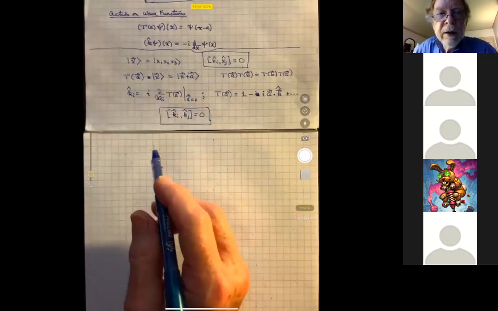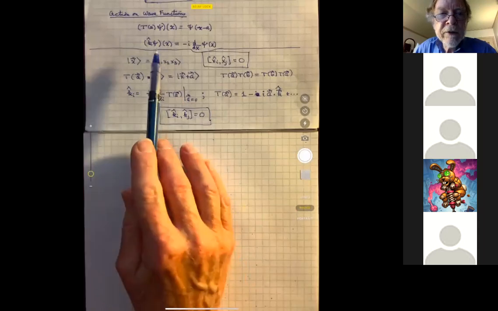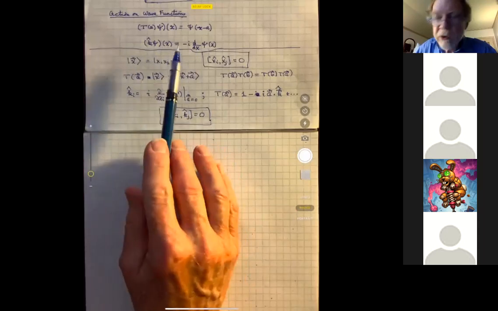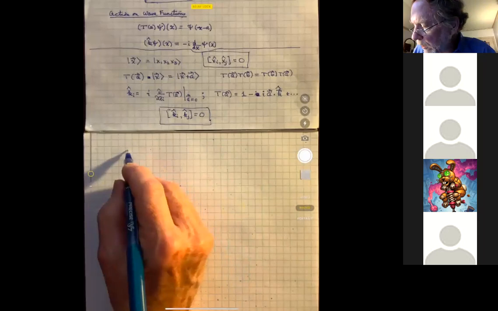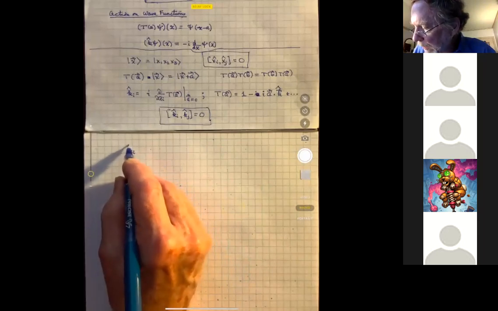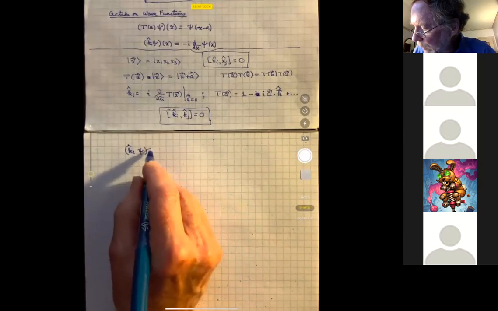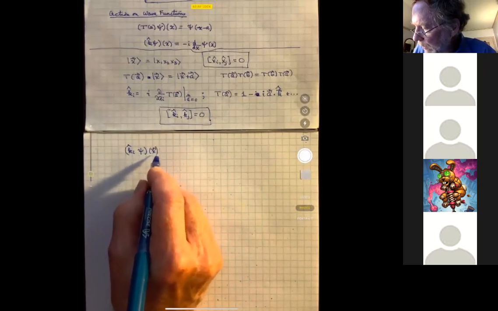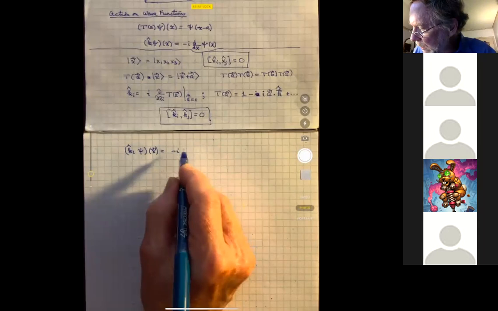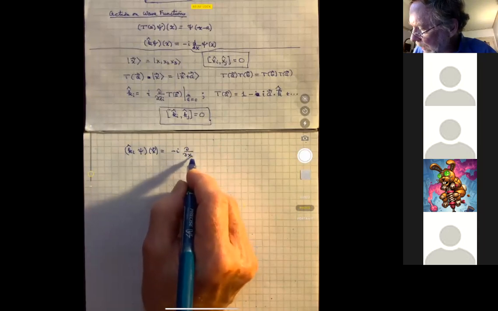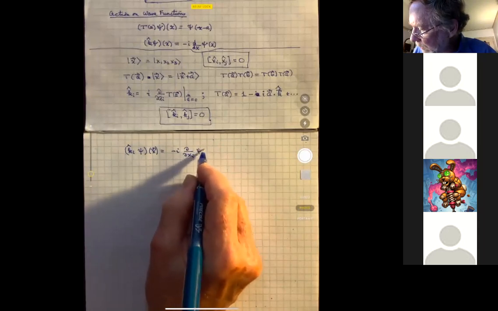Up above, I gave the action of K in 1D on a wave function. In 3D, it's just as easy to work out. If I take K hat sub i, the ith component of K, and let it act on a wave function and evaluate this at position x, it's the same thing as minus i times the partial with respect to x_i of psi of x.